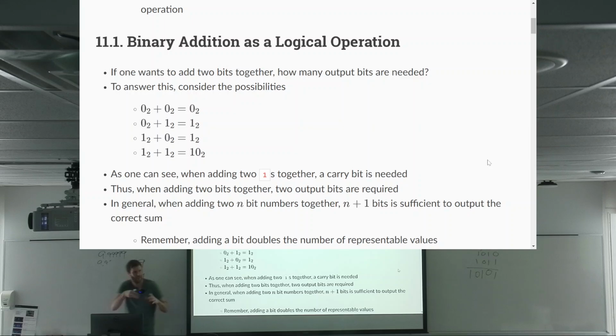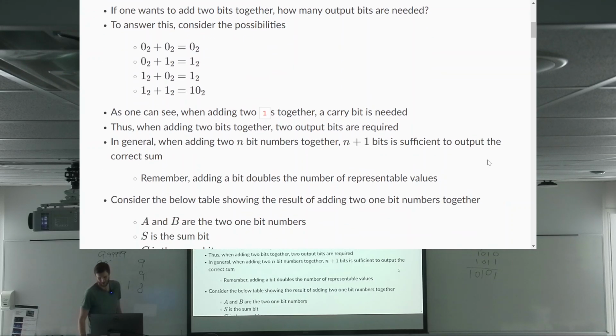Let's see if we can explain that. Remember, adding a bit doubles the number of representable values. Consider this, and this would work with decimal too. If you add another digit, you multiply the number of representable values by 10. In binary, if I have 1 bit, I can represent 2 values.